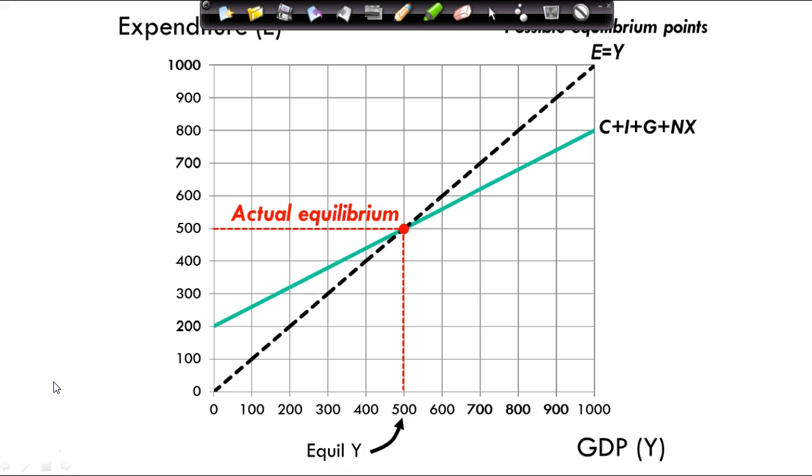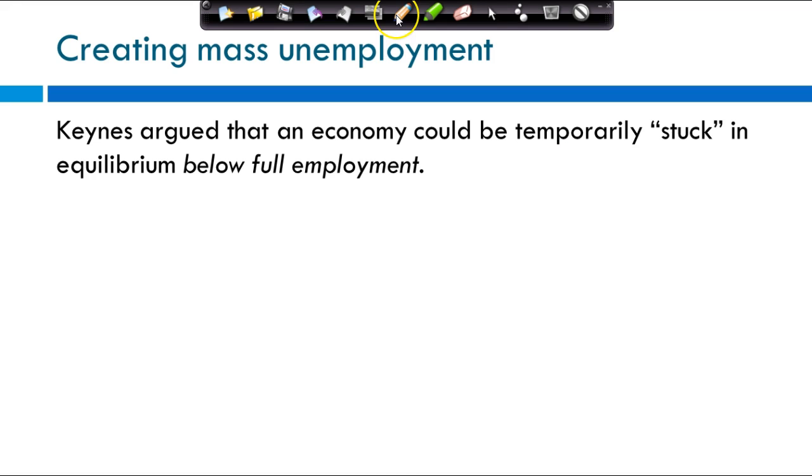So far so good. Here's what we might call the radical implication of this model. Keynes argued that an economy could become temporarily stuck at an equilibrium level that was below full employment.